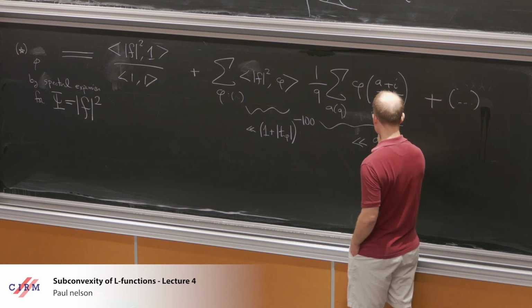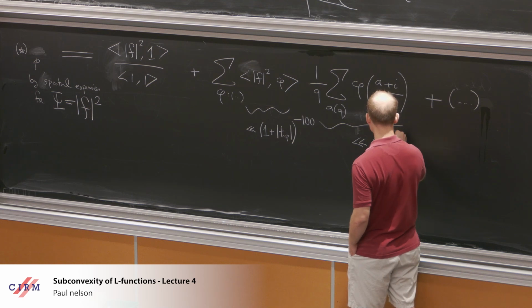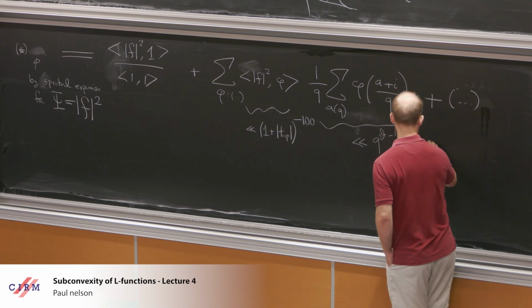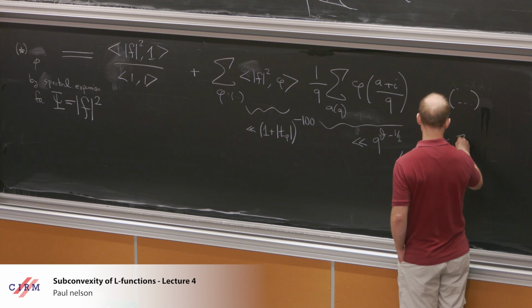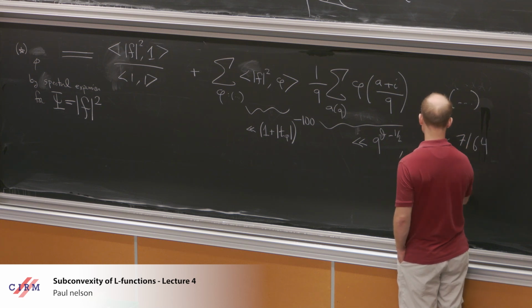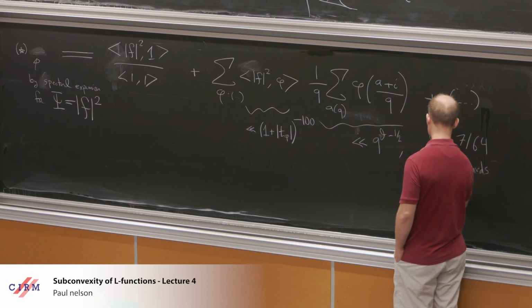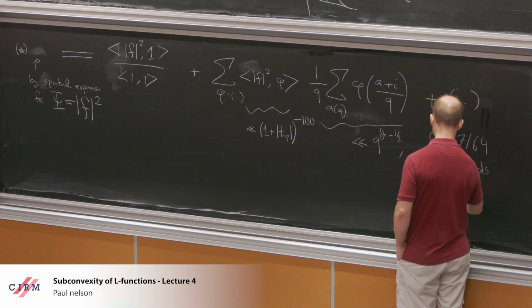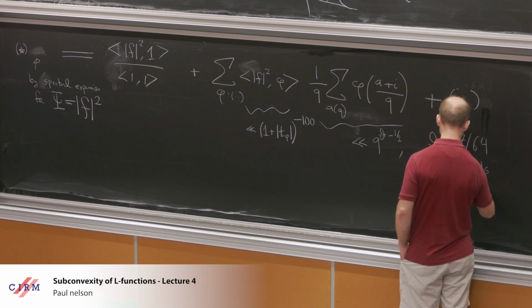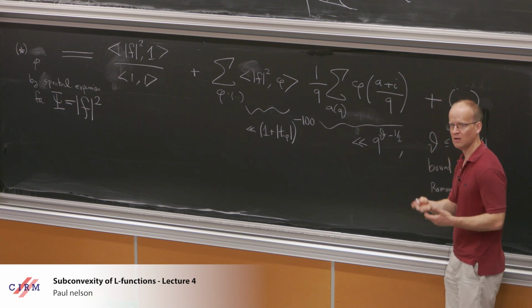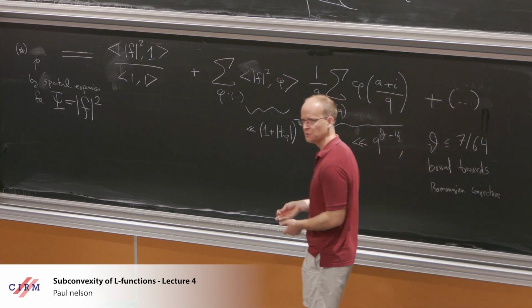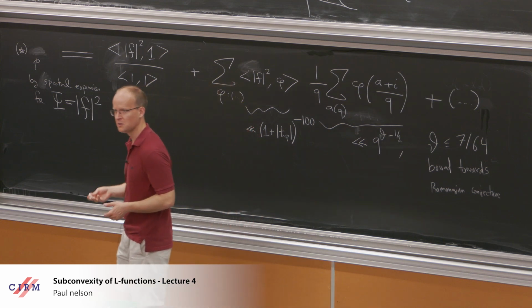And so what actually comes out is that you get q to the vartheta minus a half, where vartheta is a bound towards the Ramanujan conjecture. So I'll explain this in just a second. But okay, it's a week-long course on automorphic forms. Maybe we'll touch base with the Ramanujan conjecture in other lectures.